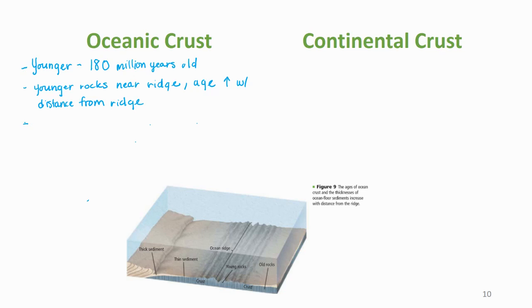Also, oceanic crust is thinner. What that is referring to is the sediments. The sediments are only a few hundred meters thick.